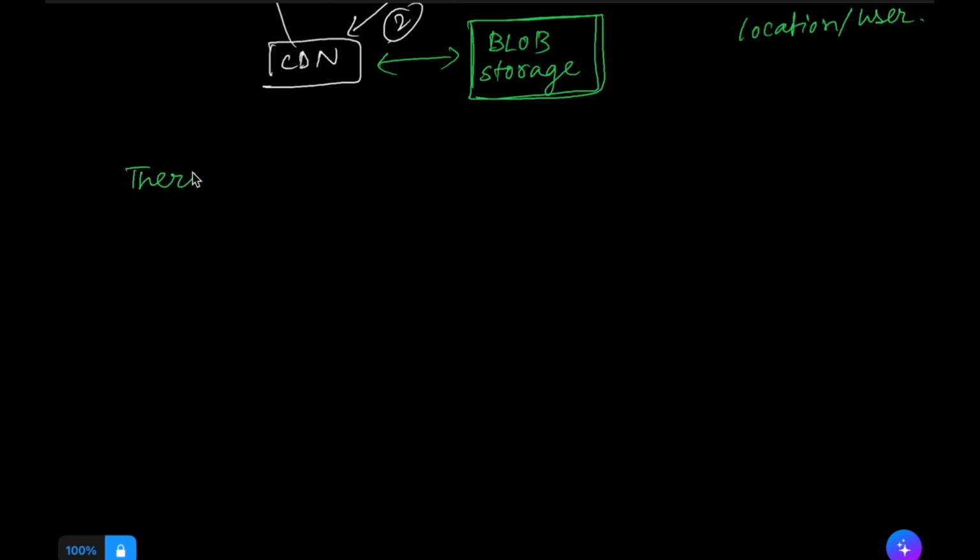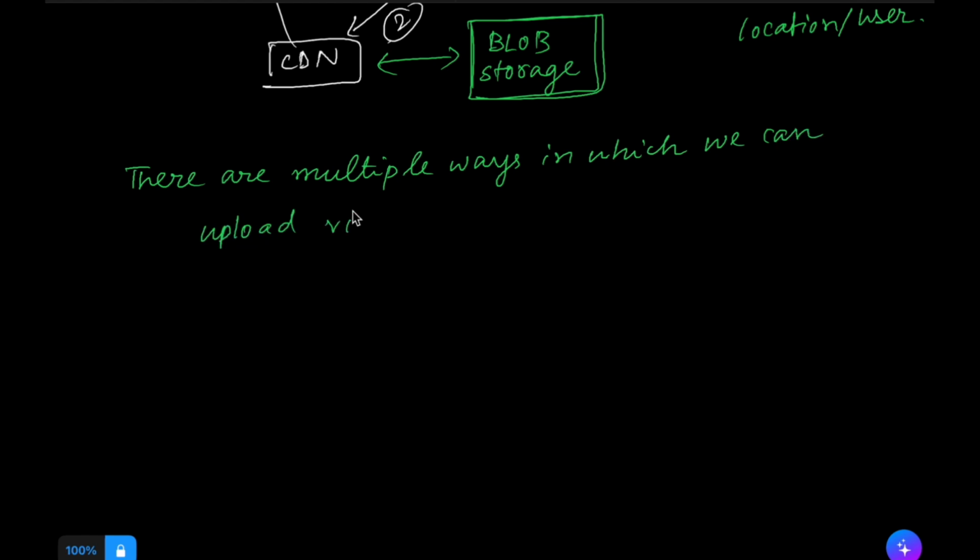So there are multiple ways in which we can upload videos to the CDN from blob storage. Let's look into them one by one. One is the pull method.